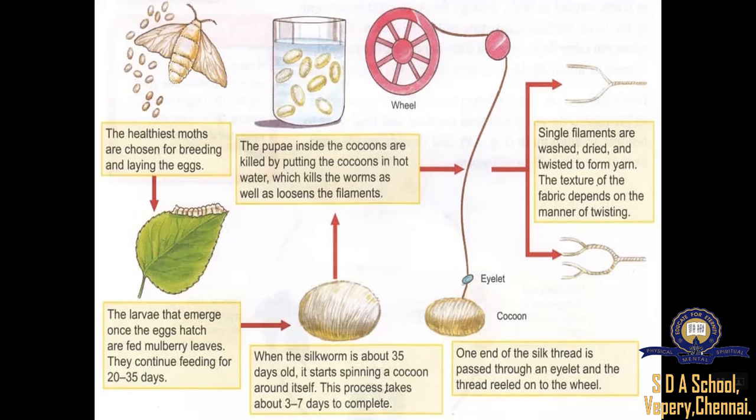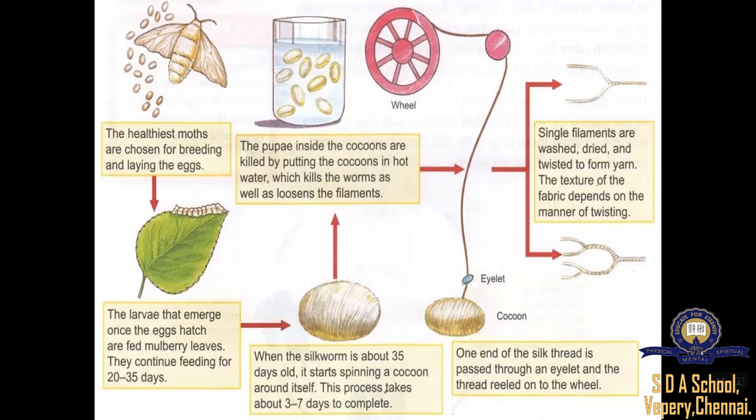A cocoon is made up of a thin thread-like structure formed by the hardening of worm secretion. Finally, the pupa inside the cocoon is killed by putting the cocoon into hot water, which kills the worm as well as loosens the filament.